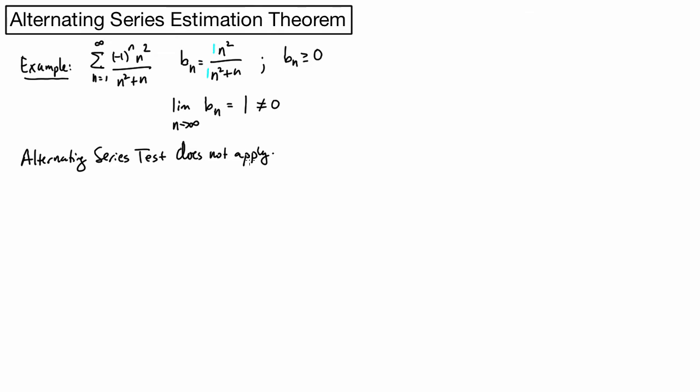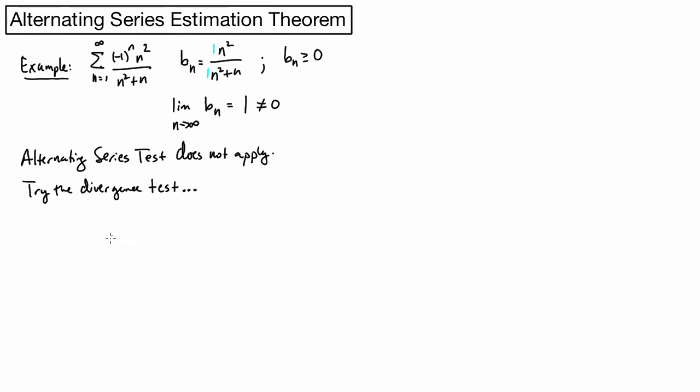Now here's the thing. If the terms don't go to 0, then that gives us an idea for an even better test to try. I'm going to try the divergence test. So when the alternating series test fails to give you an answer because one of the two conditions isn't met, you should always try the divergence test next.